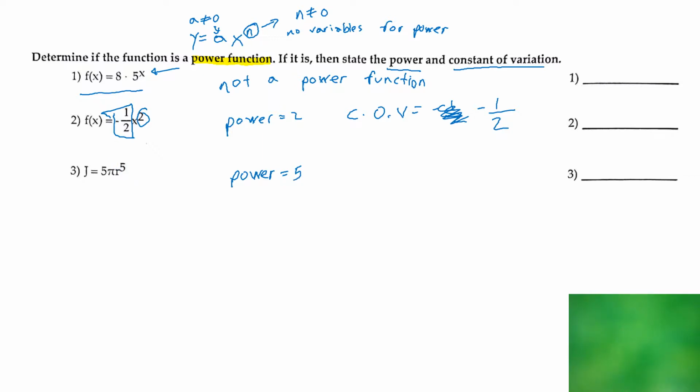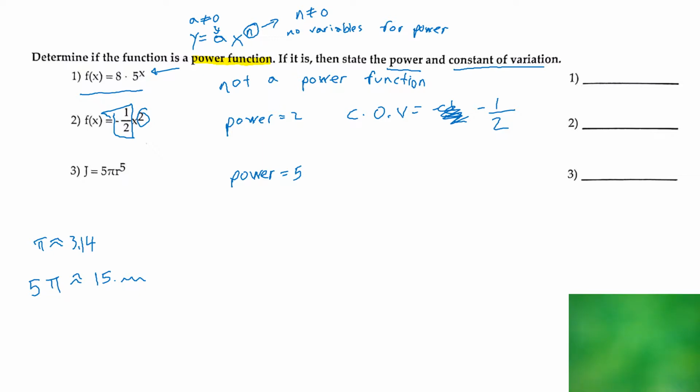And when we look at what the constant of variation is, remember that pi is about 3.14. So 5 times pi is also going to be a decimal value. That's going to end up being about 15 point something.